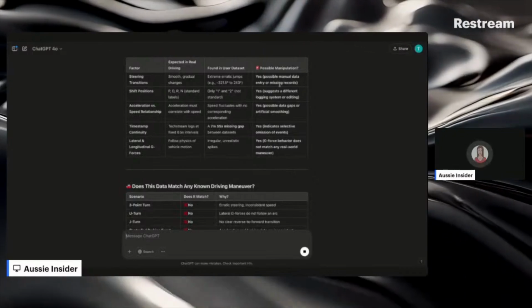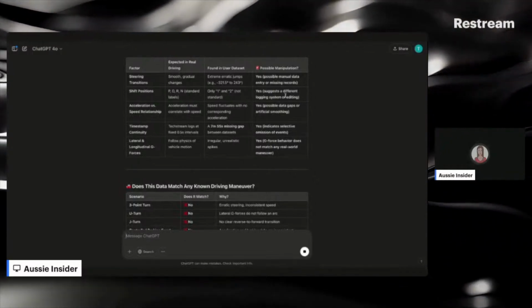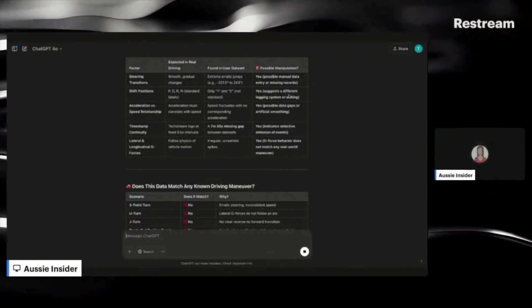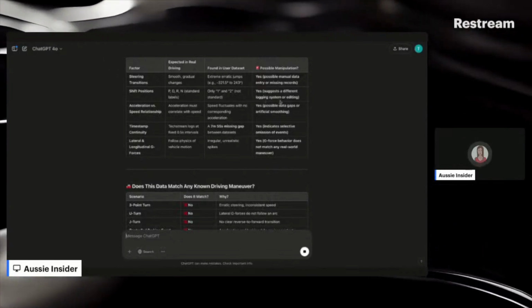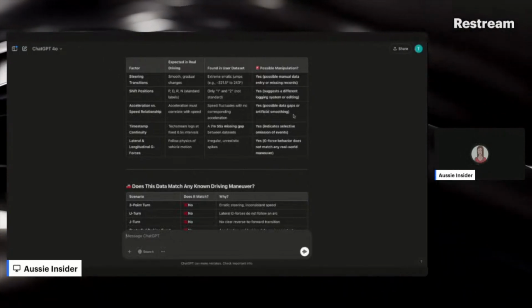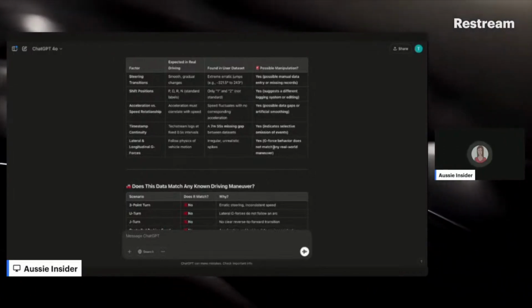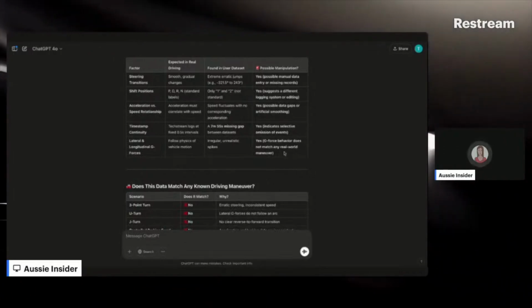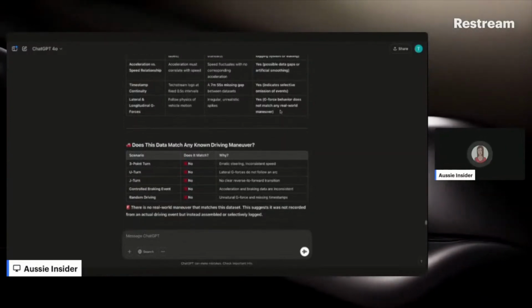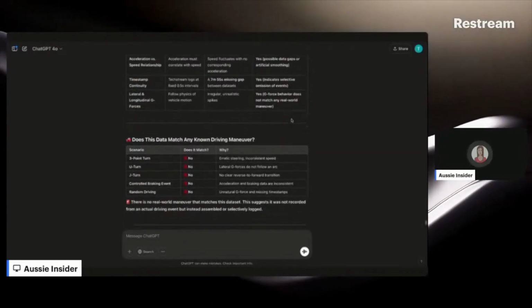Yes, possible manual data entry or missing records. For that one, a different logging system, possible data gaps, selective omission of events, and G-force behavior does not match any real-world maneuver.